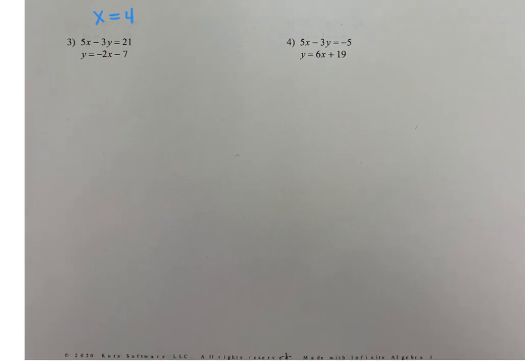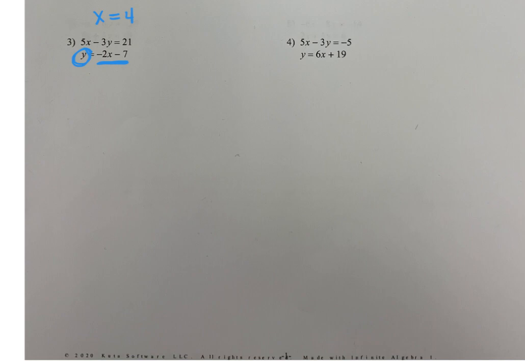Okay, so taking a look at number 3, we've got 5x minus 3y equals 21, and we have y equals negative 2x minus 7. Okay, so now we are still using substitution. So I'm going to substitute y for negative 2x minus 7.